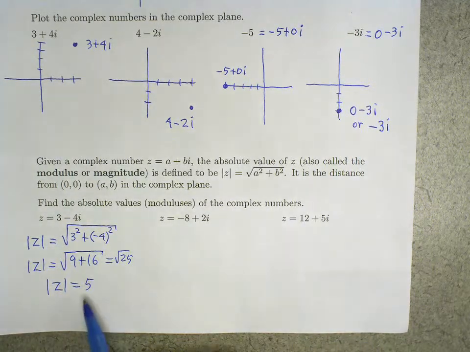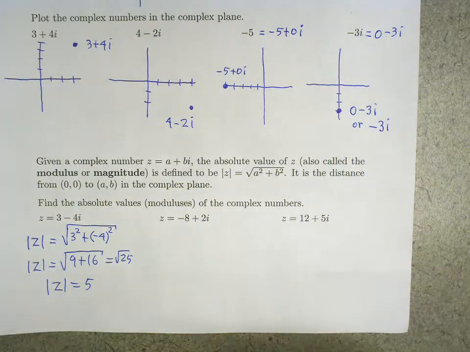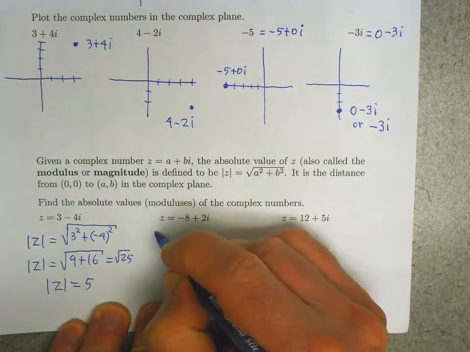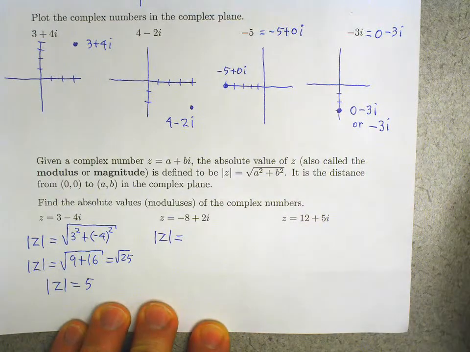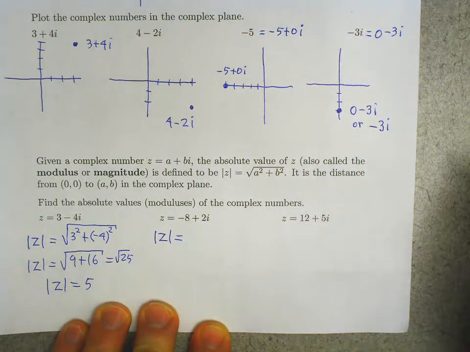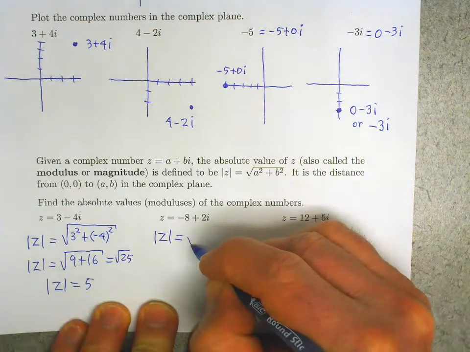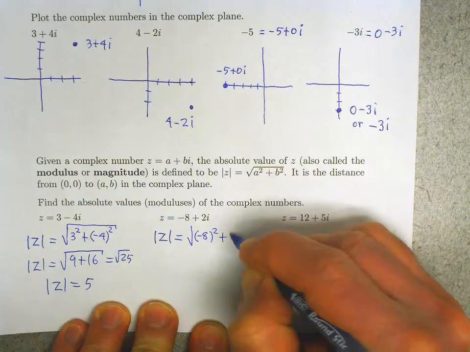That is the distance from the point 0, 0 to the ordered pair 3, negative 4 in the complex plane. Okay, for this one, same sort of thing, but just different numbers. If z is equal to negative 8 plus 2i, then the modulus of z is the square root of negative 8 squared plus 2 squared.